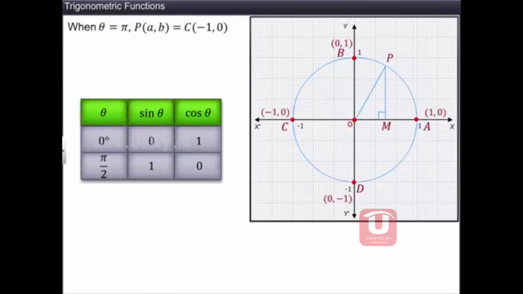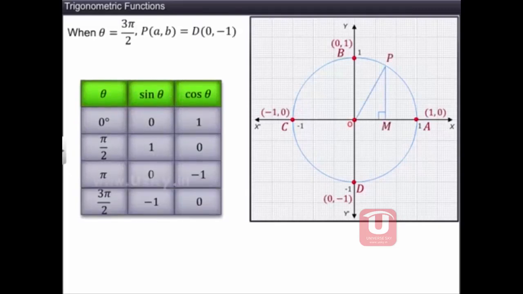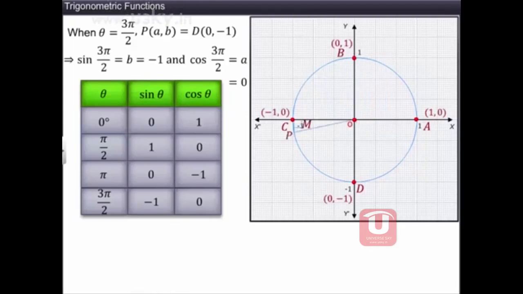When theta is equal to pi, point P coincides with point C. It implies that sin pi is equal to 0 and cos pi is equal to -1. And when theta is equal to 3 pi by 2, point P coincides with point D. It implies sin 3 pi by 2 is equal to -1 and cos 3 pi by 2 is equal to 0.